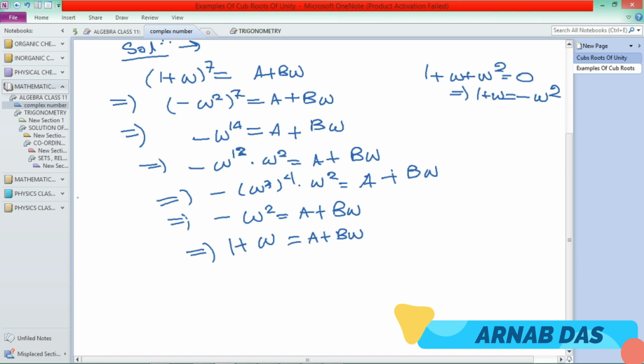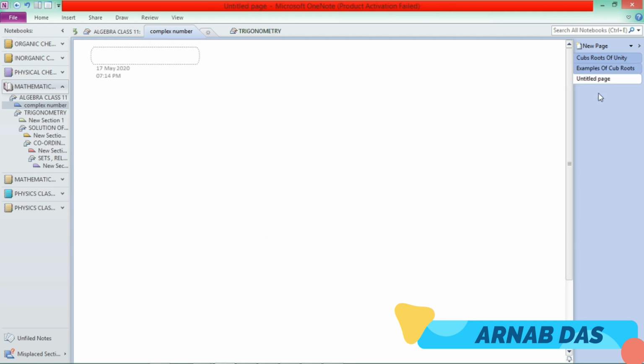So here I compare this equation, and from this equation you can say that a equals 1 and b also equals 1. Now let us discuss another problem, problem number 2.